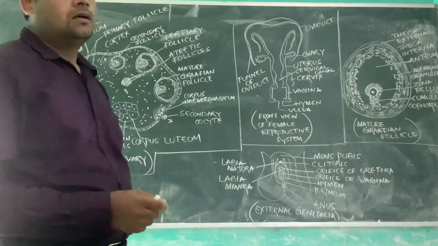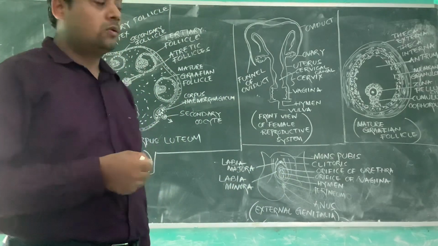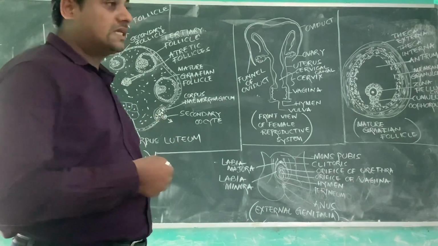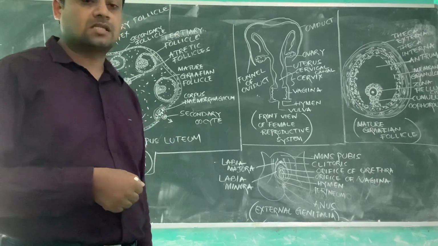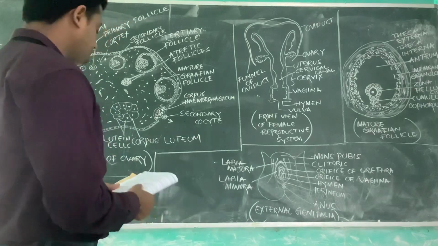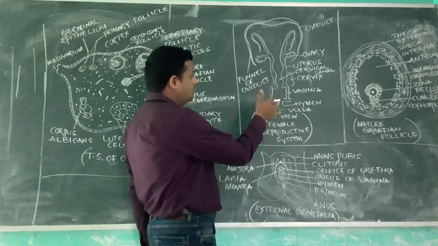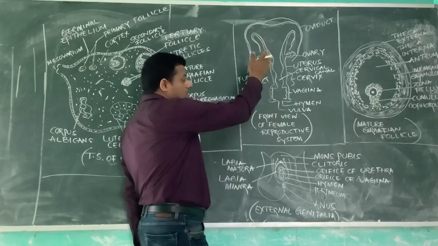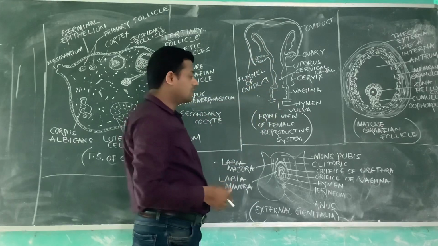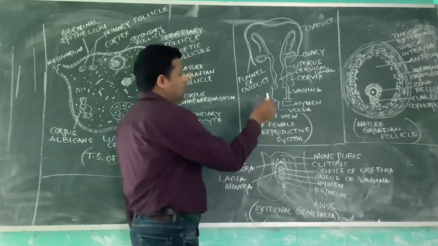First, we will learn the parts of the female reproductive system. Look at this picture. This is the front view of a female reproductive system. What are the parts?